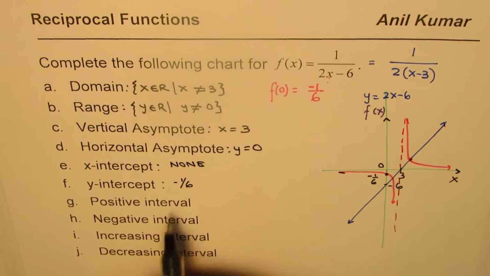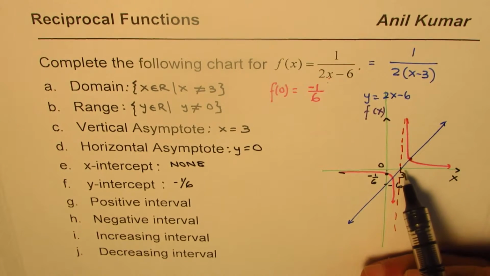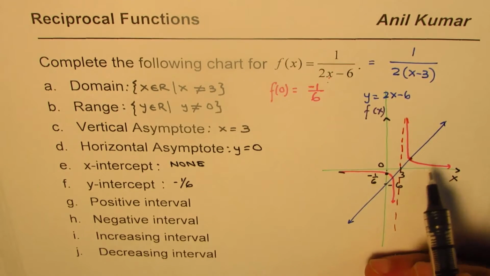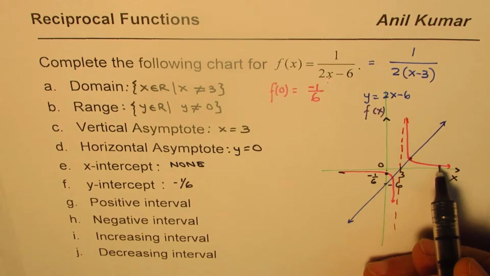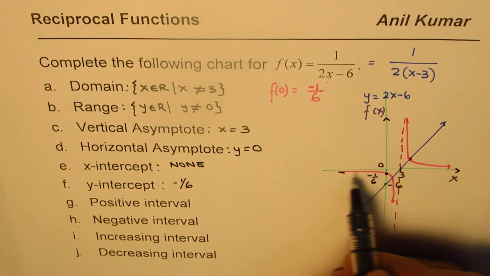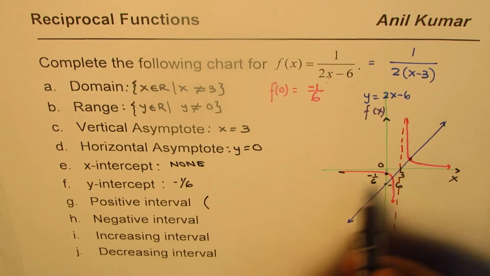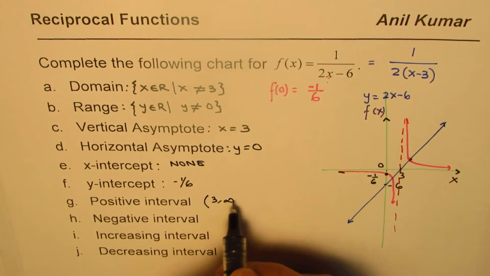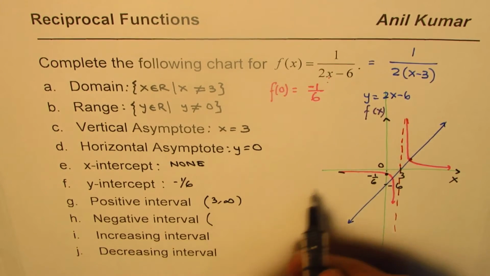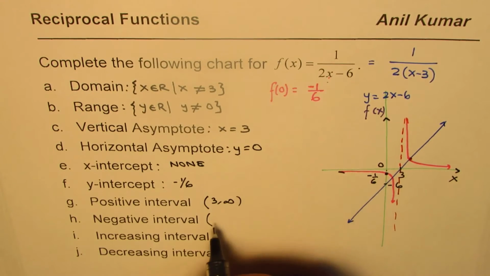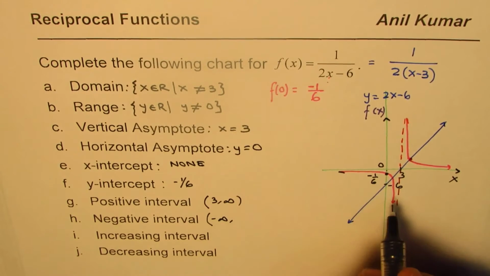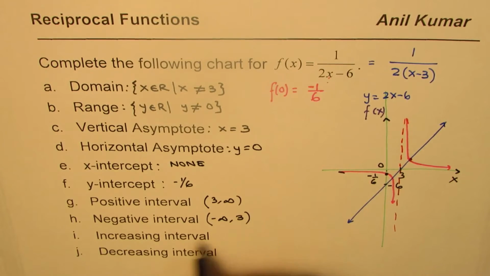Positive interval. The function is positive when the x value is greater than 3, wherever it is above the x-axis. So the positive interval I could write as from 3 to infinity. The negative interval is on the left side of 3, which is from negative infinity to 3.